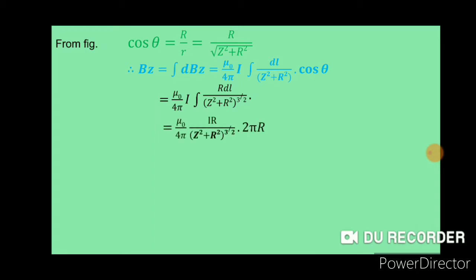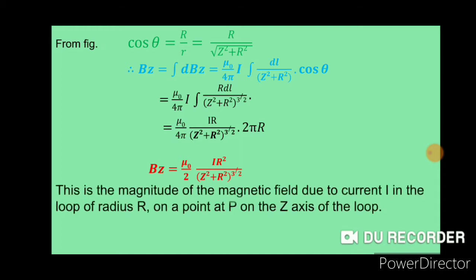Taking the integration, dl gives 2 pi R. Therefore, Bz is equal to mu 0 upon 2 I R square divided by z square plus R square raised to 3 by 2. This is the magnitude of the magnetic field due to the current I in the loop of radius R at a point P on the z-axis of the loop.